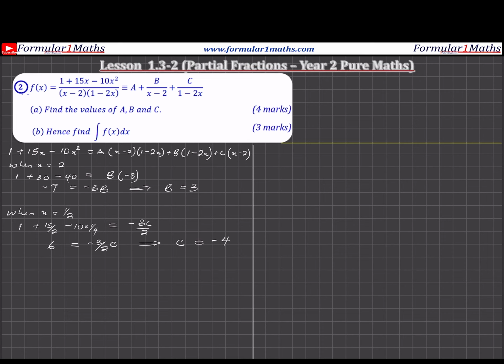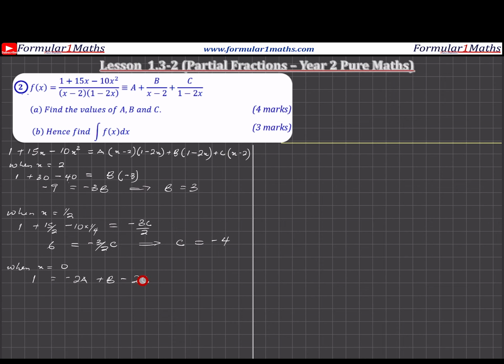For the next one, I'll let x equal 0. So when x equals 0, on the left-hand side, I'll have 1. And on the right-hand side, I'll have minus 2a plus b minus 2c. Because when x is 0, I have this will become 1, and this will be minus 2, and then this will become 1, and that will become minus 2.